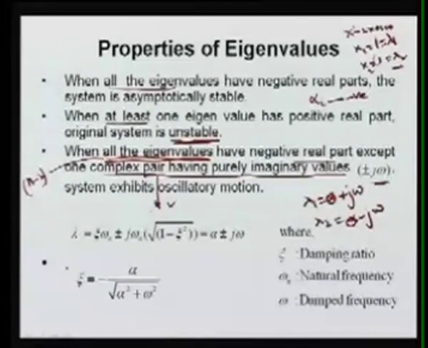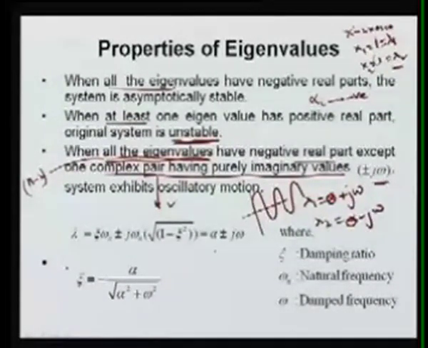The system will just behave in an oscillatory motion, and then its magnitude may increase if other roots are there, or it may decrease. So we can again guess what the system stability will be.